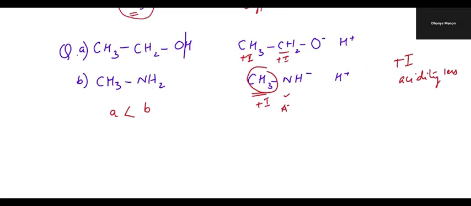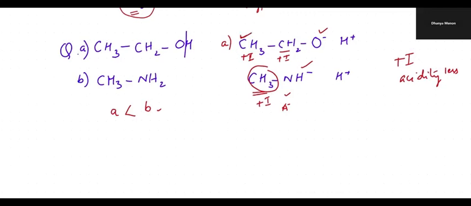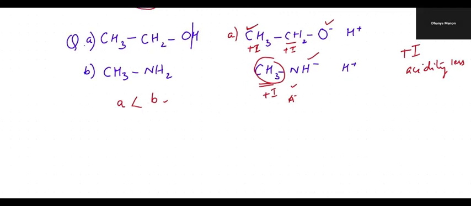So that is why A is less acidic than B. But if you see over here, in the first case the negative charge is on the oxygen atom. In the second case, the negative charge is on the nitrogen atom. Okay, so that means the atoms are different. When the atom is different, or negative charges are on different atoms, then we follow the rule.